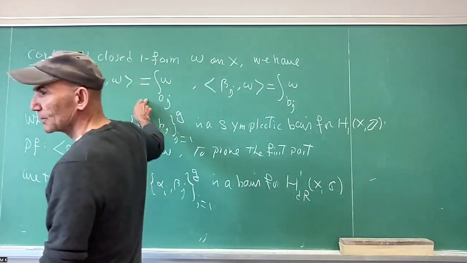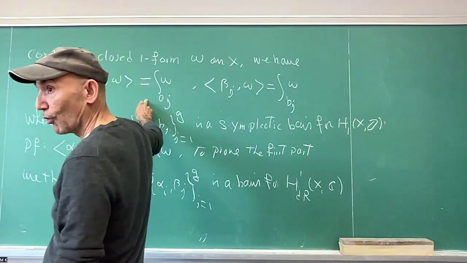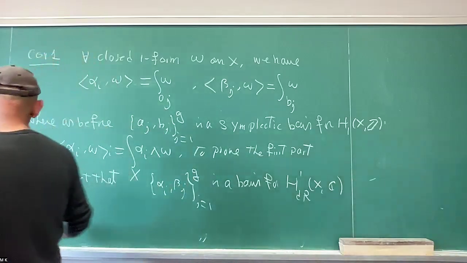So in other words, we can write this omega, which is a closed one form, in terms of linear combinations of these things.